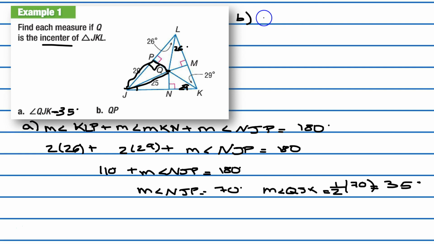So you should be thinking right away that we have the Pythagorean theorem, which is a squared plus b squared is equal to c squared. A squared, let's just say it's QP squared, plus b squared, the next smallest side, so 20 squared. And c squared is always going to be the biggest side, so 25 squared.